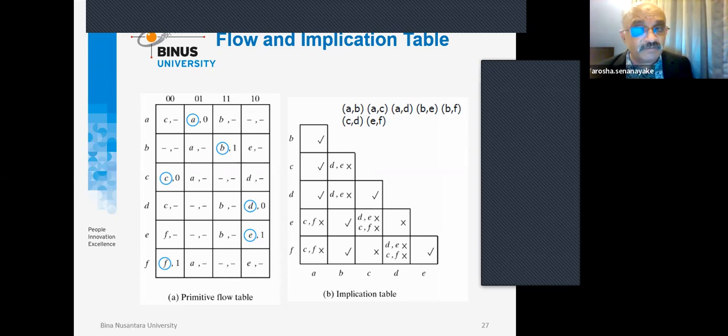Very important: if the output is the same, then we still have to consider that dependency for the reduction of rows, and of course equivalent states as well as compatible states.